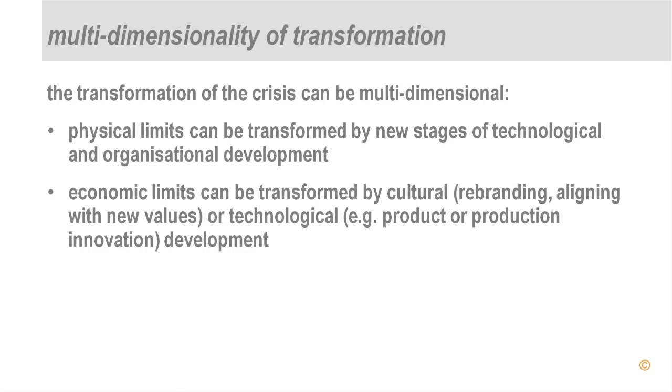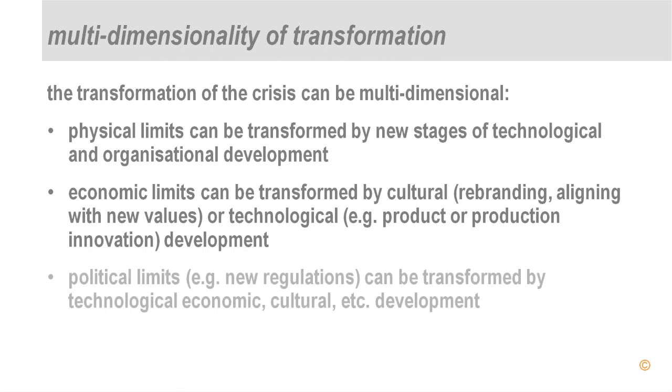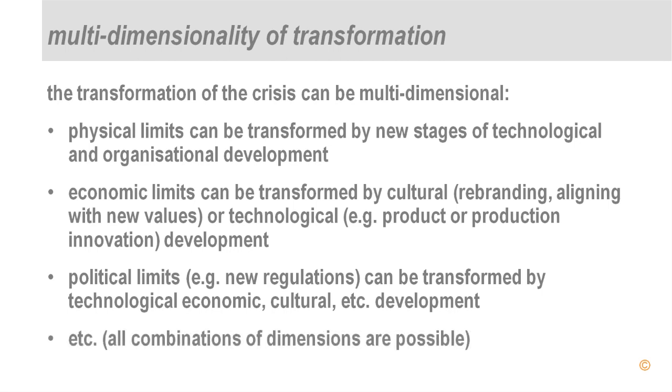Cultural developments could be a rebranding or the adoption of new values or learning new information. Technological developments could be product or production innovation. Political limits, like for example a new regulation, can be transformed by further technological development or economic or cultural development. In short, all combinations of dimensions are possible to transform the system into a new stage of development.